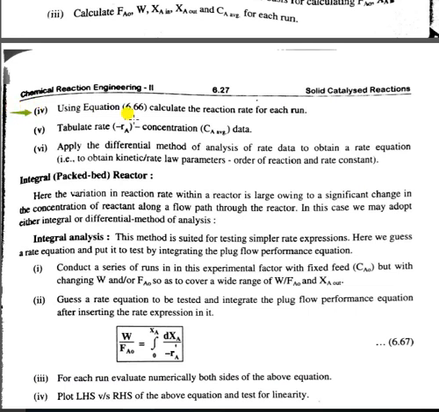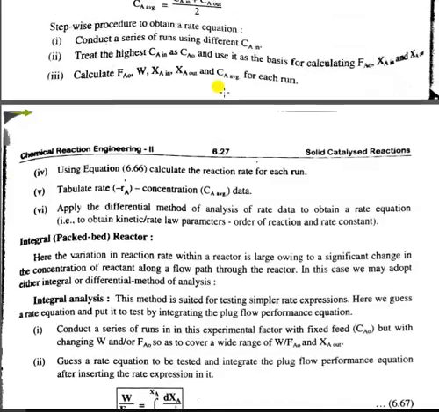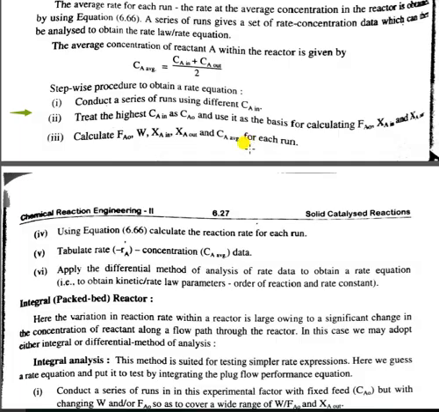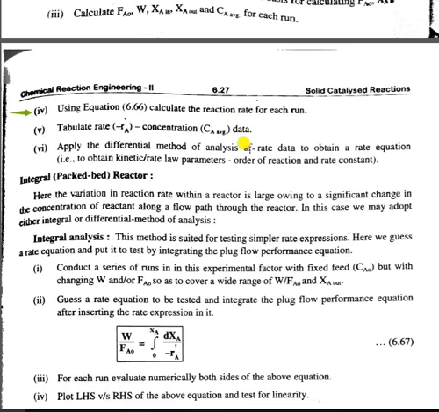Next, using equation 6.66, calculate the reaction rate for each run. Then tabulate the rate, that is minus rA, and the concentration data, which is CA average.